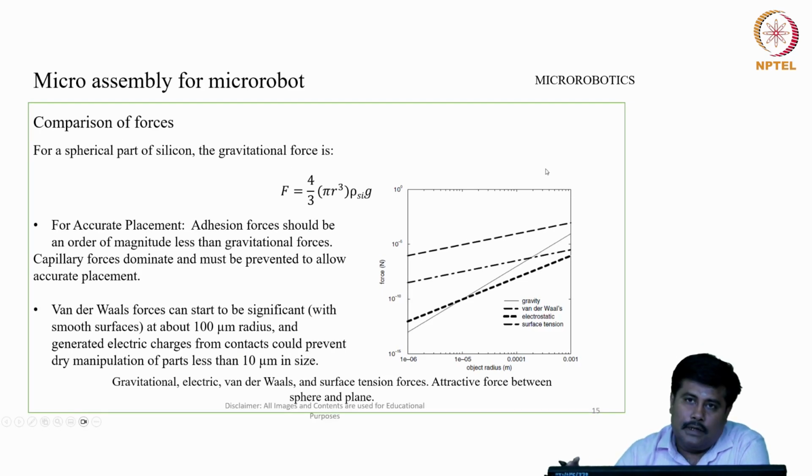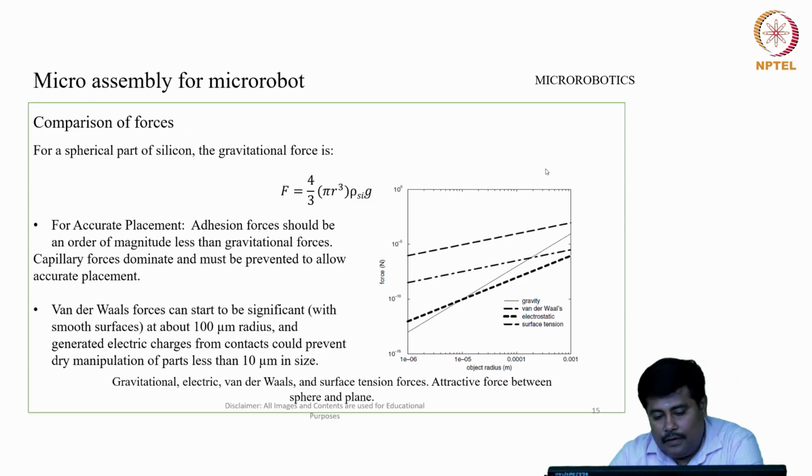Now let us take a comparison between the different forces, how these different forces participate and how they have an impact. This is a comparative chart which gives us clarity with reference to the influence of gravity as well as van der Waals forces, electrostatic forces, and surface tension.